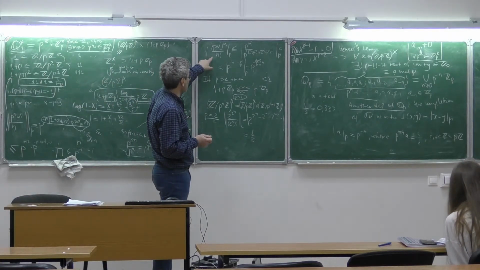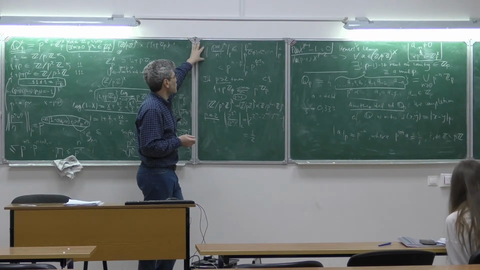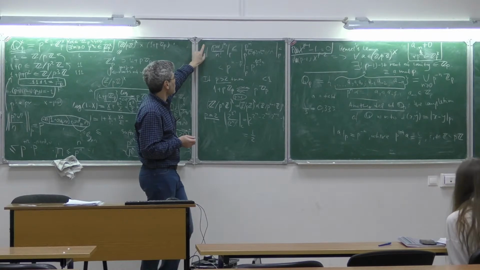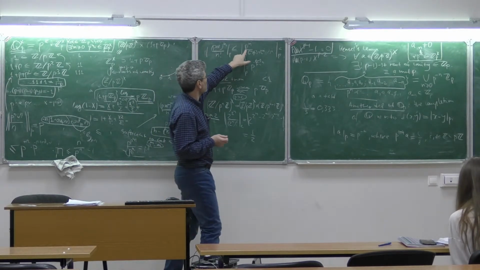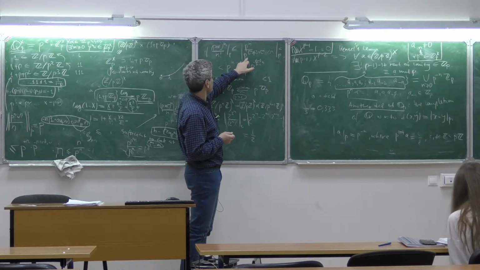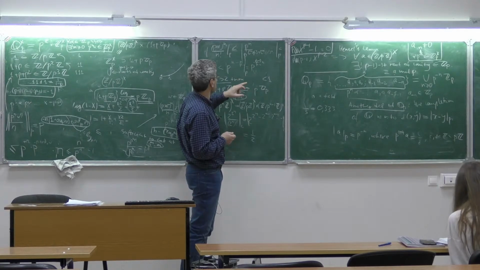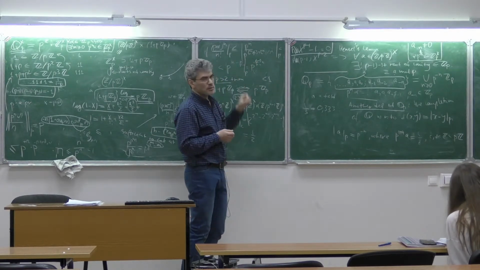So yeah, we just estimate each term. You see that the numerator is divisible by p to the n, and the denominator is divisible by p to the integral part of n over p.